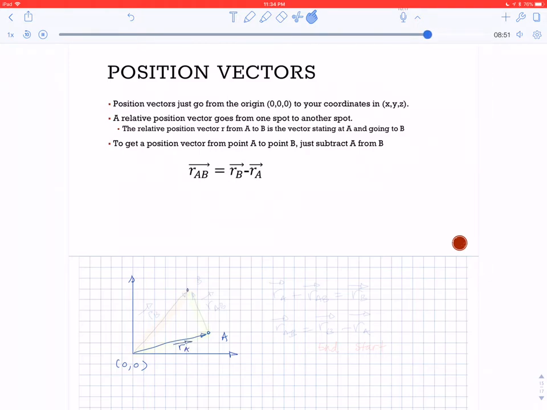If that's point B, that vector there is RB. But sometimes we want to know the vector from A to B. Okay, so that's the vector from A to B.